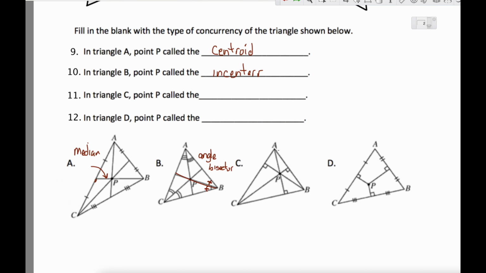What's happening with this one? Let's take a look at this segment. We're going from the vertex to the opposite base, forming a 90 degree. Well, this is an altitude. And where all the altitudes intersect is called the orthocenter.